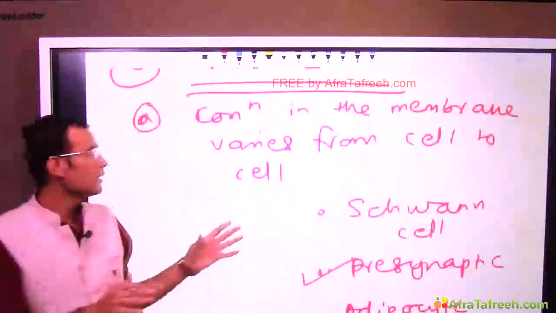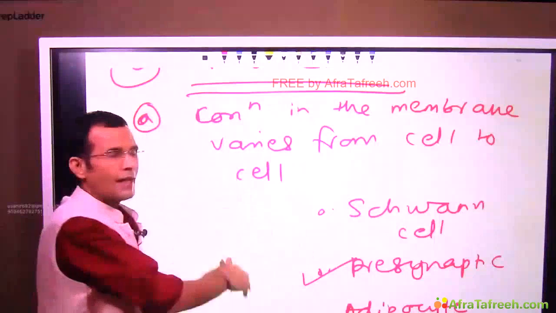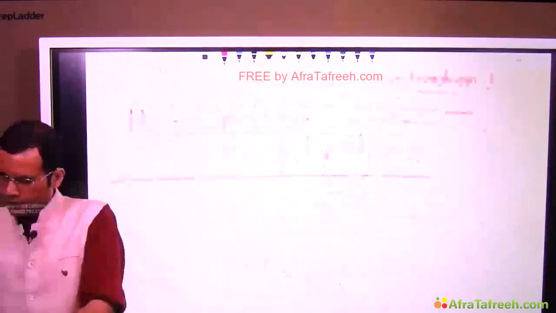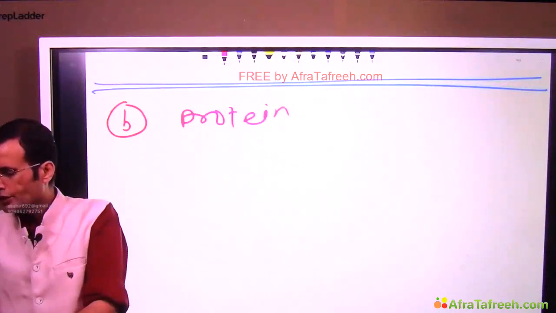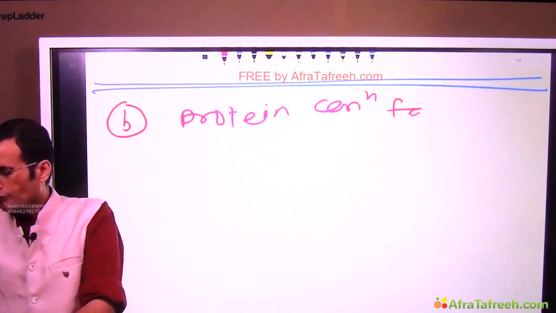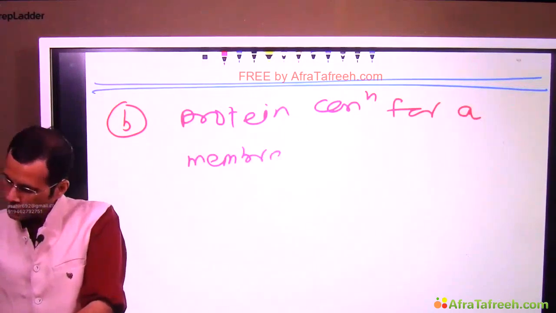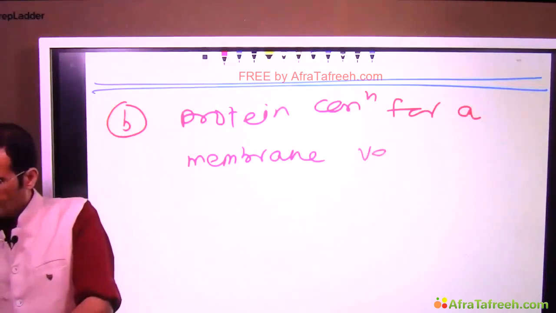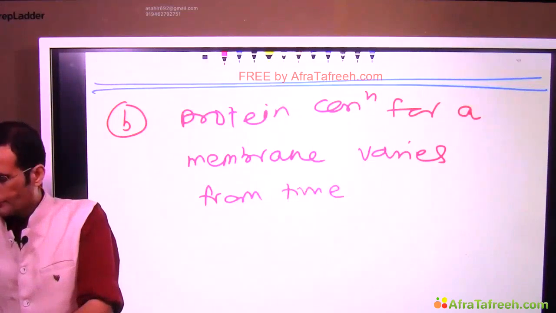But the point was, the protein concentration varies from cell to cell or membrane to membrane, and we saw the examples. The other point is that protein concentration for a particular cell or membrane varies from time to time.